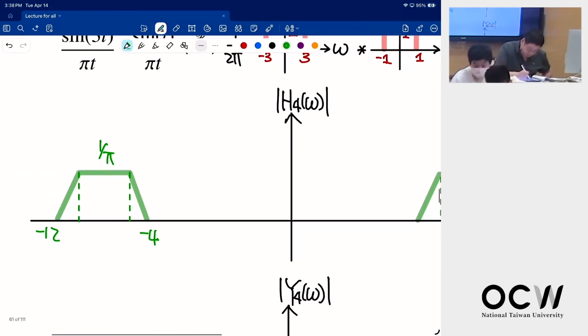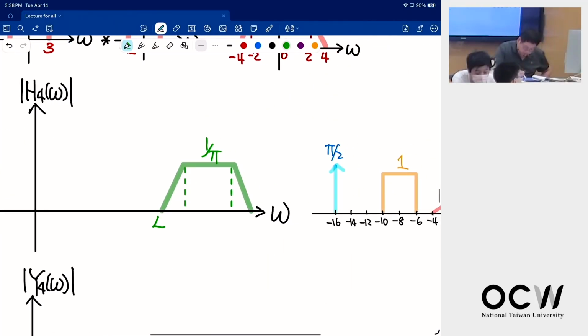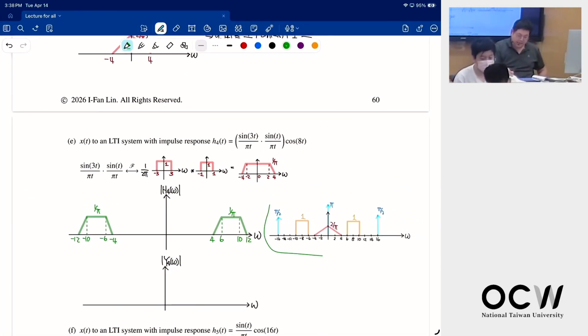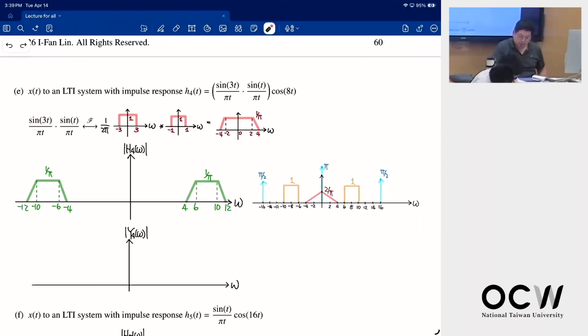Here's -10, -6, 4, 6, 10, 12. Right, and here's the x. What is the output? The yellow one, right? Because from 4 to 12 here, -4 to -12. So I preserve this too. Okay, so I preserve that too.